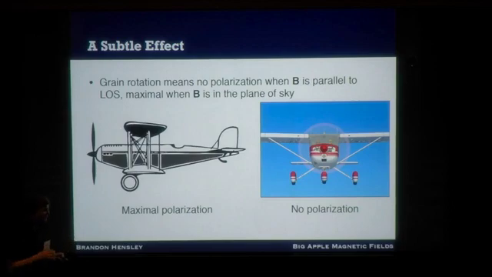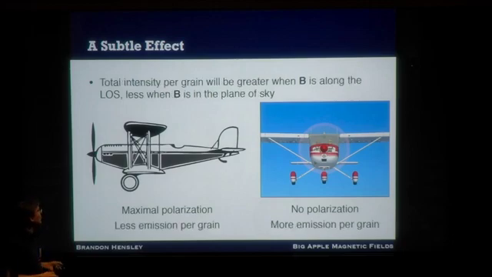This orientation, maximal polarization. But if you think about it, this exact same mechanism will also cause a signal in the total intensity emitted by the dust grain, so total I. In this case, you're looking at a short axis and a time average of two long axes.